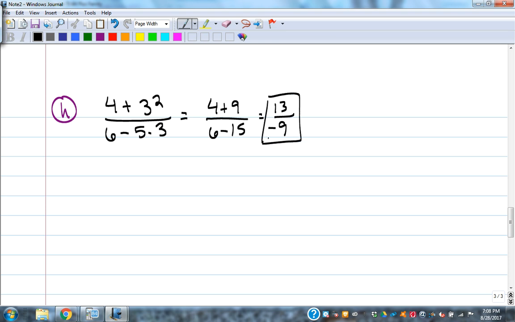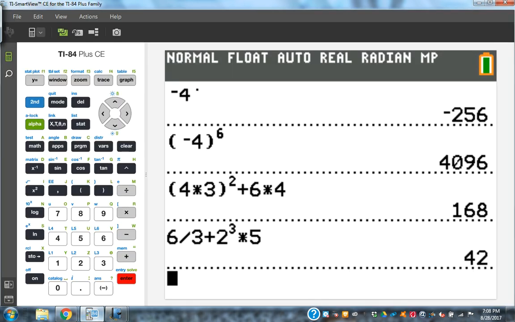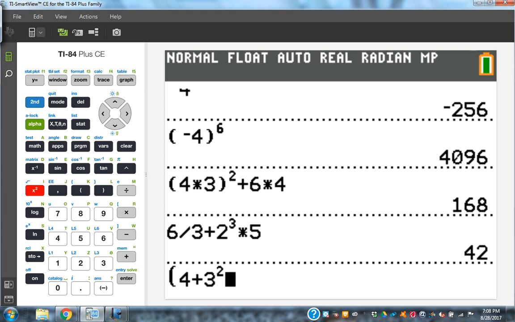It won't. If you did type this into the calculator, that's where the parentheses would have to exist. That's why I put that up there. If I'm going to type this into the calculator to check it out, I've got to do the top part in parentheses, 4 plus 3 squared, divided by, then parentheses around the bottom part, 6 minus 5 times 3.